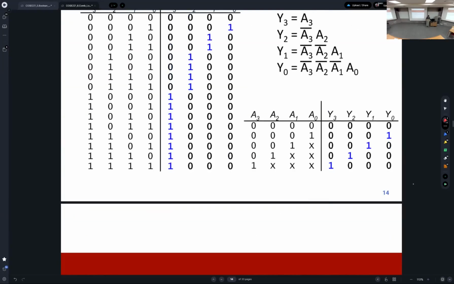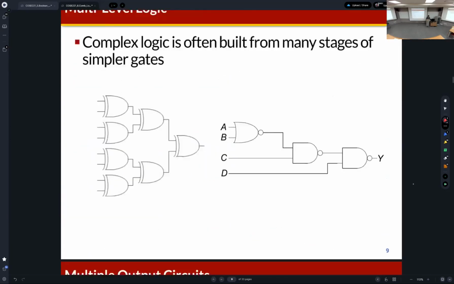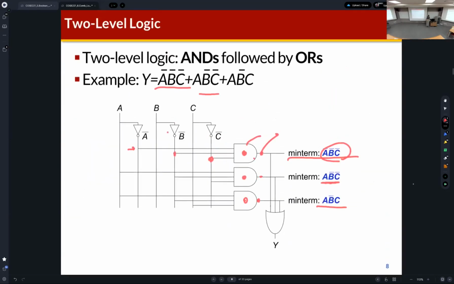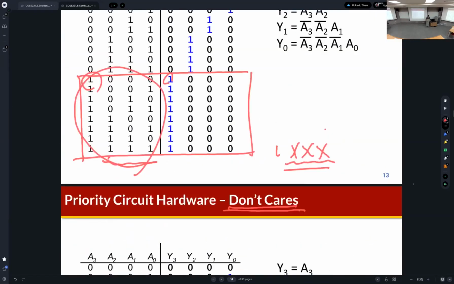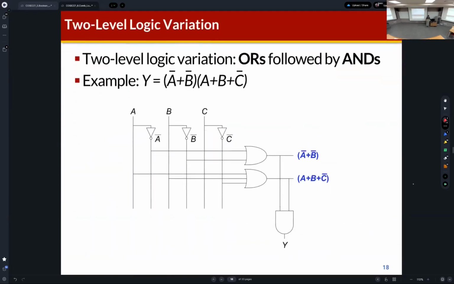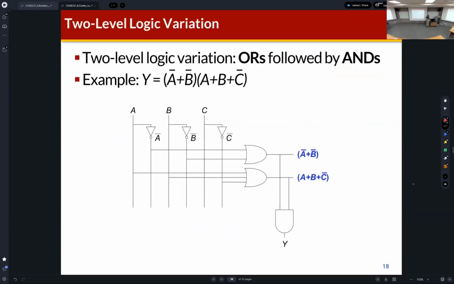So like this logic, this AND followed by OR is a two-level logic, and this is the SOP form. This is a POS example, right? So it's another two-level logic, the ORs followed by ANDs.